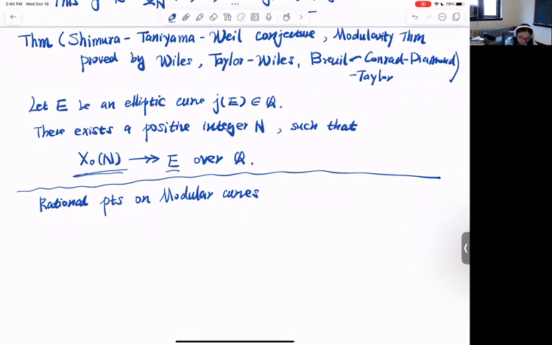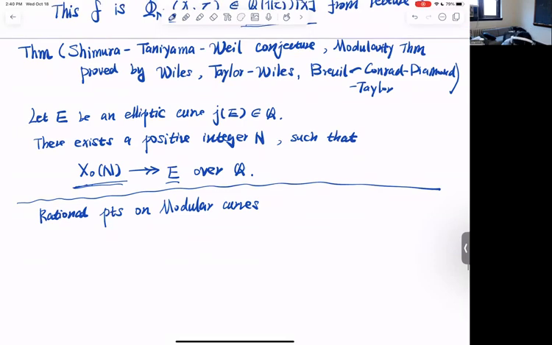Well, we're mainly thinking about modular curves X0(N), or maybe you can also think about X1(N). These are two modular curves you'll be thinking about. Both of them parameterize elliptic curves E with some level N structure, right?